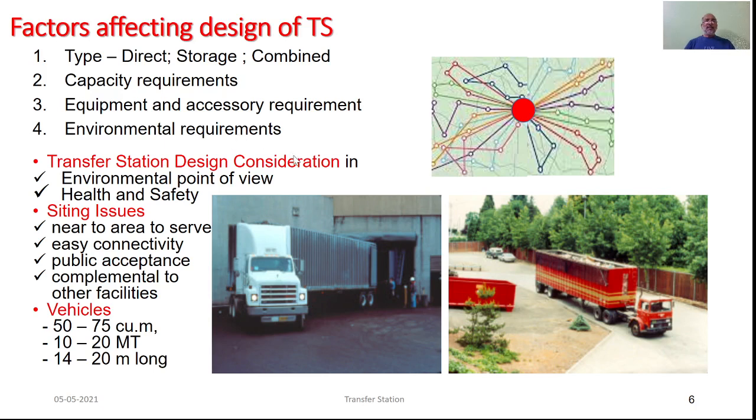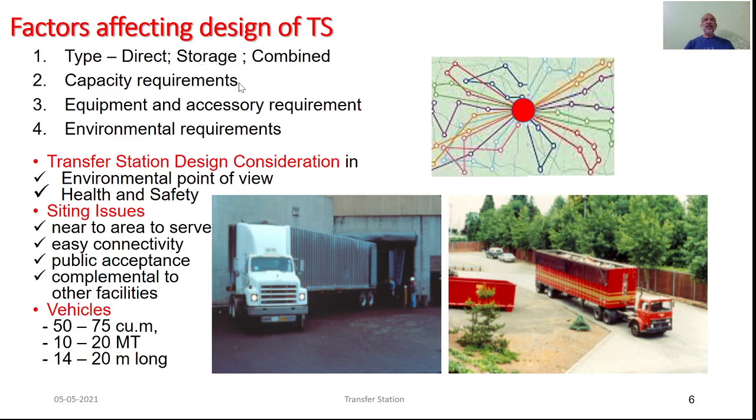We have already discussed the points for location of this transfer station, but it could also be one of the factors affecting design of transfer station. Conventionally, we can have these 4 points as factors affecting the design of transfer station.